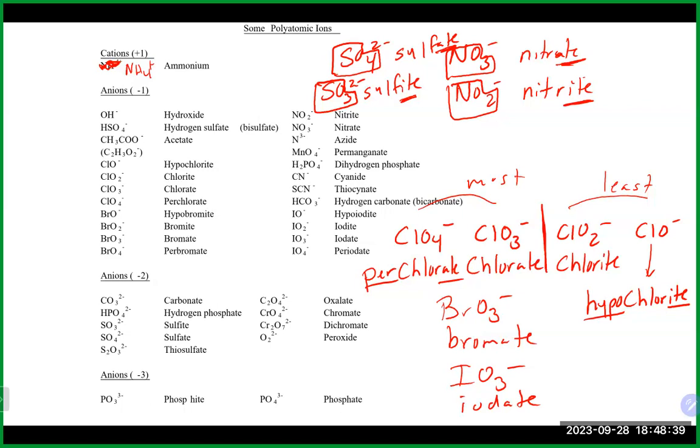Other things that you'll see on this table: sometimes we will put hydrogen in front of something, or H plus really. If you had CO3 2 minus, that is carbonate. And if I add an H plus to that, it becomes HCO3 minus.